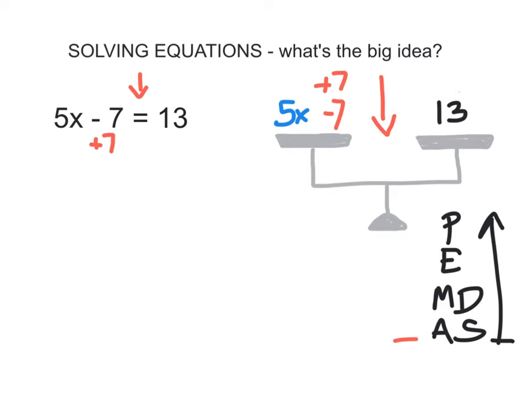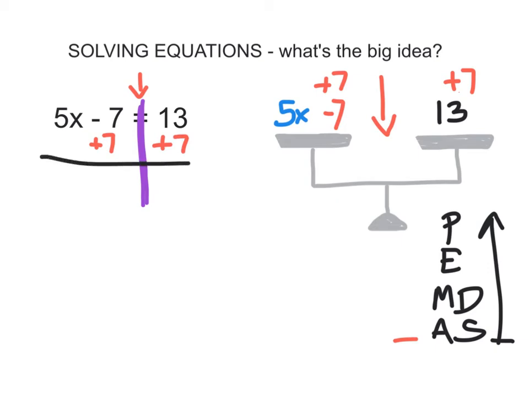So we need to make sure to add 7 to this side of the scale as well, and that'll be balanced again. If you think about the equal sign as being the middle of our scale, we need to do the same thing on this side that we did on the other side. So we need to add 7 to both sides.